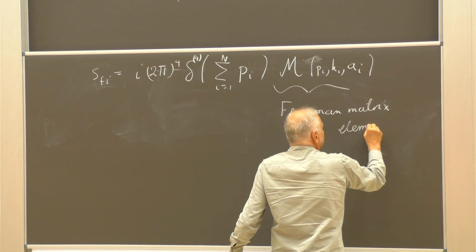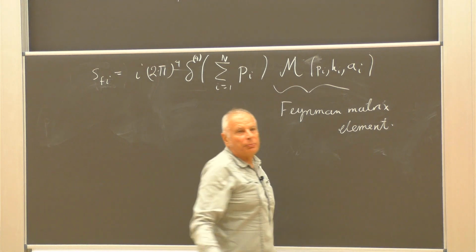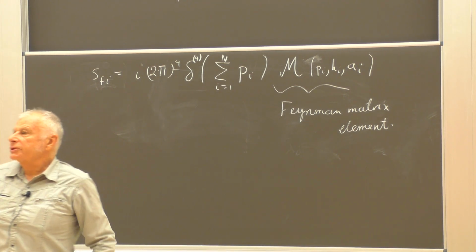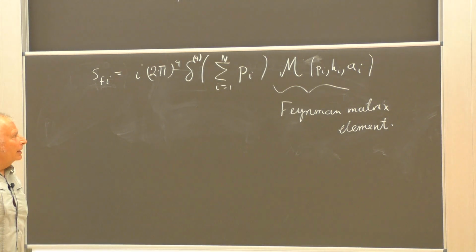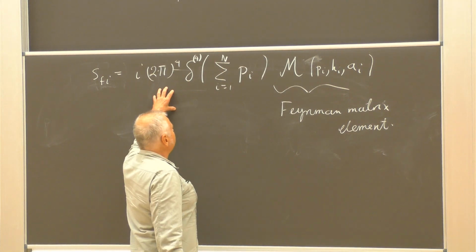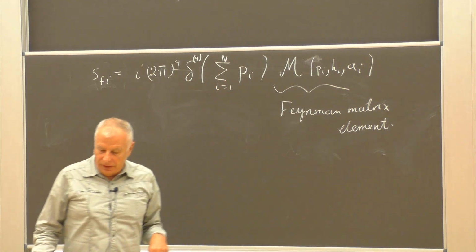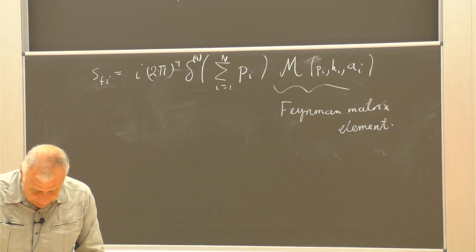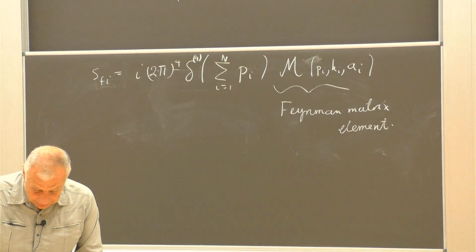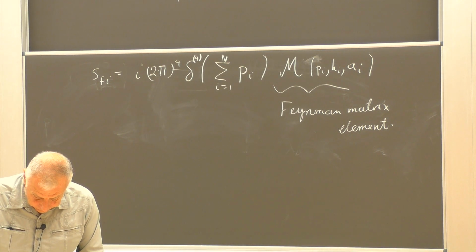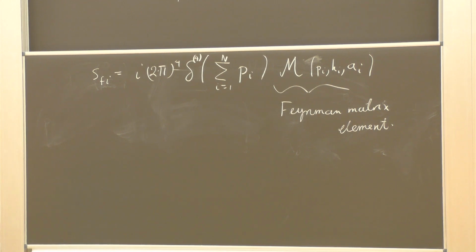And you learn in school how to compute it by using Feynman diagrams. But the whole S matrix element contains, in addition, this momentum conserving delta function. Okay?